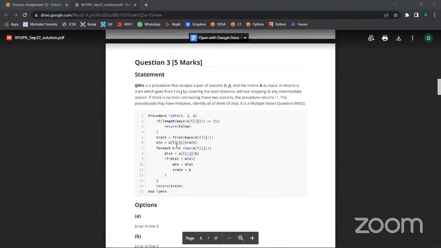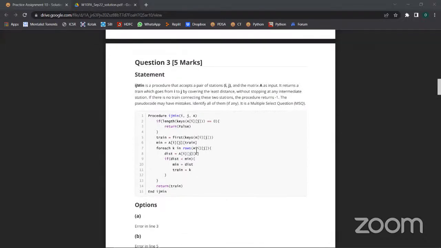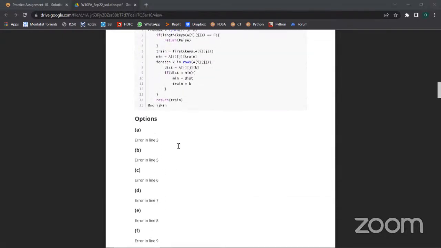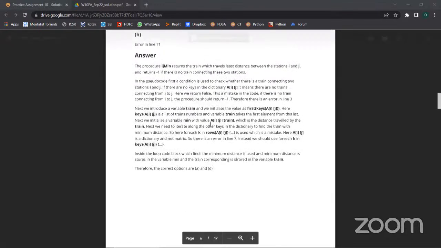Because Aij is a matrix, right? The error is because the keyword key is not mentioned here. Correct. Okay, with line number 7, where did you read it? Which paragraph?